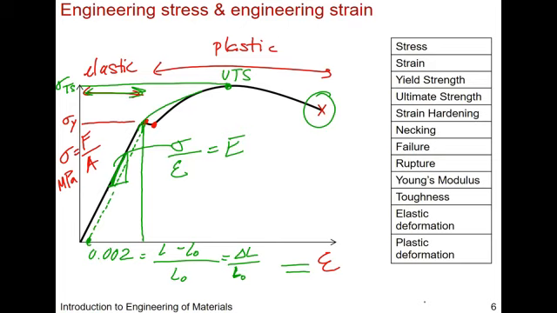And then we'll also talk about how tough a material is. And so toughness is just when you integrate. So you take the area under the curve, okay, from 0 to whatever this E is, okay, some E. We'll call that E1, sure. All right, so toughness is just the area under the curve.